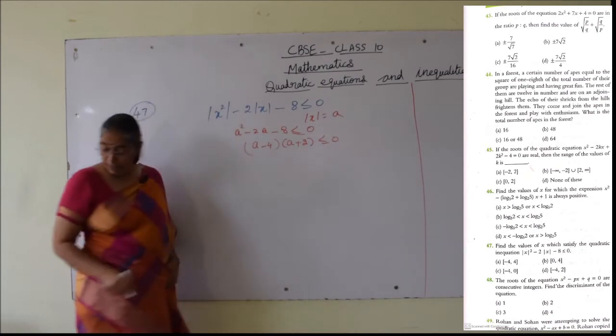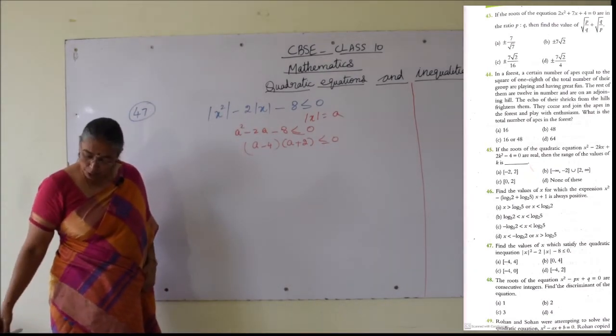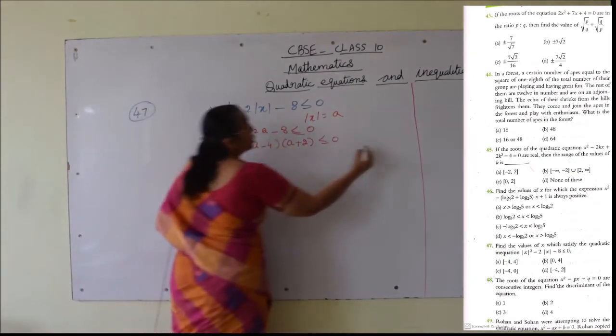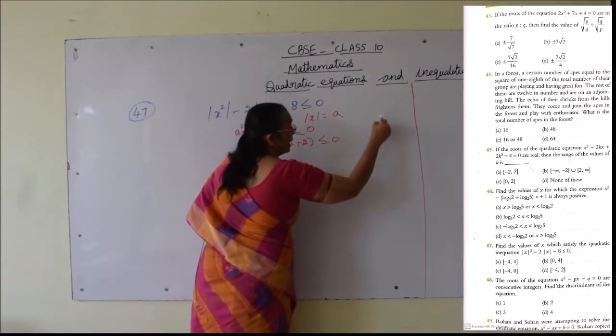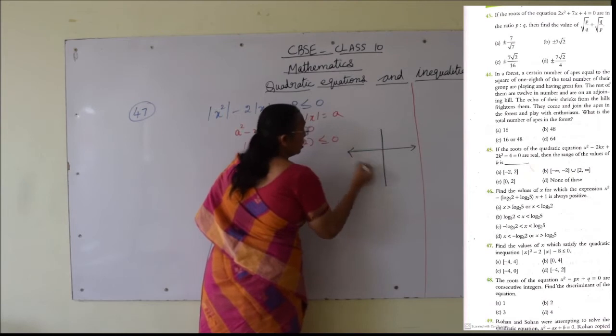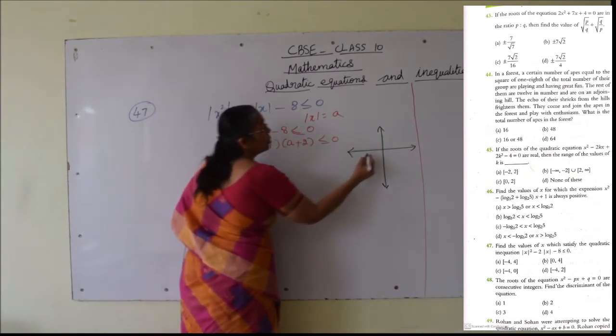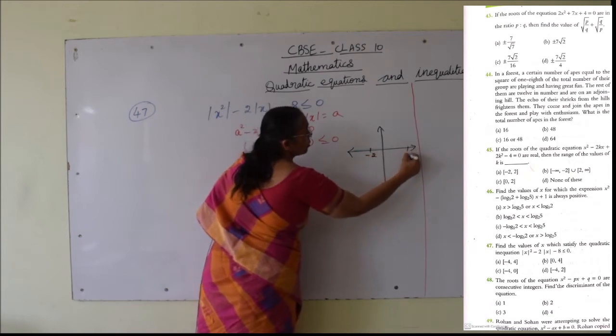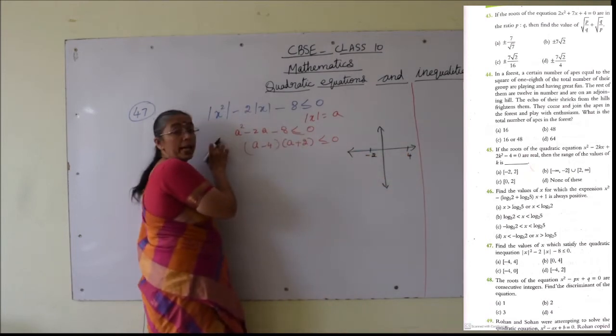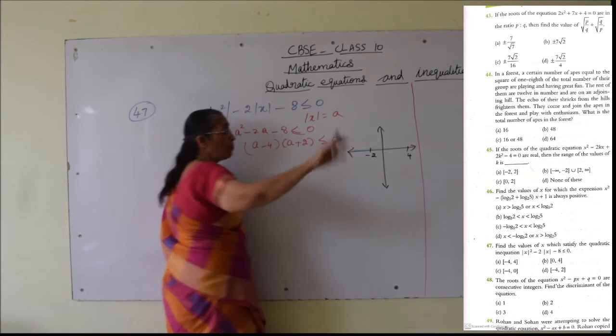Once more, I will explain how to write the inequality using the graph. The two roots, alpha and beta, are plus 4 and minus 2. The coefficient of a squared is positive, so the graph is an upward parabola.